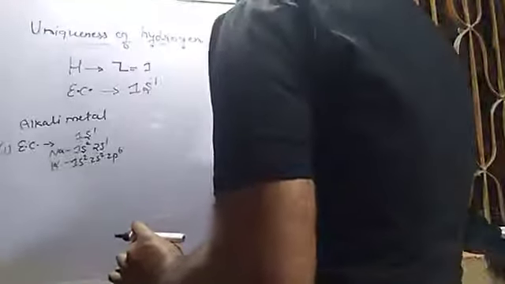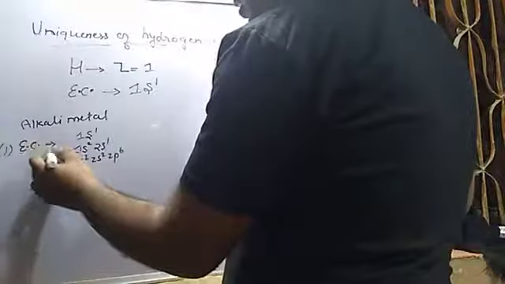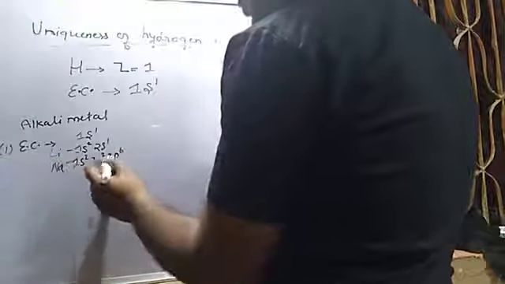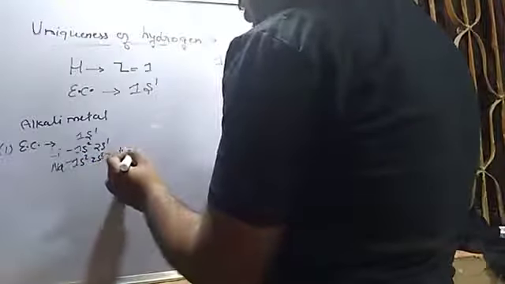According to electronic configuration, hydrogen is 1s1. Then lithium's electronic configuration comes out to be 1s2, 2s1. Then sodium is 1s2, 2s2, 2p6, 3s1.